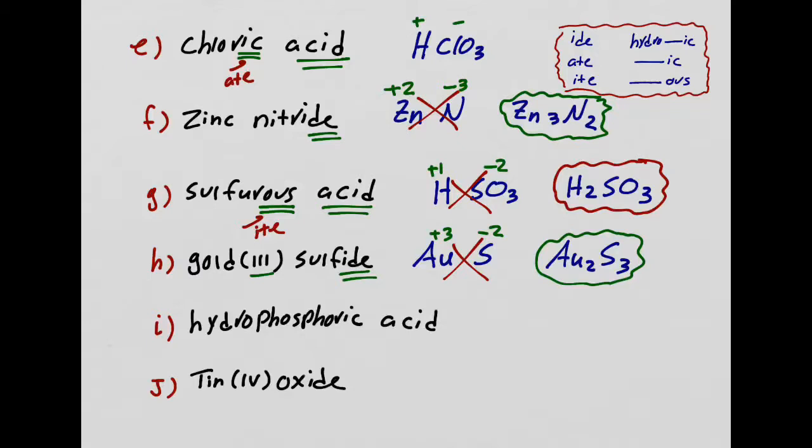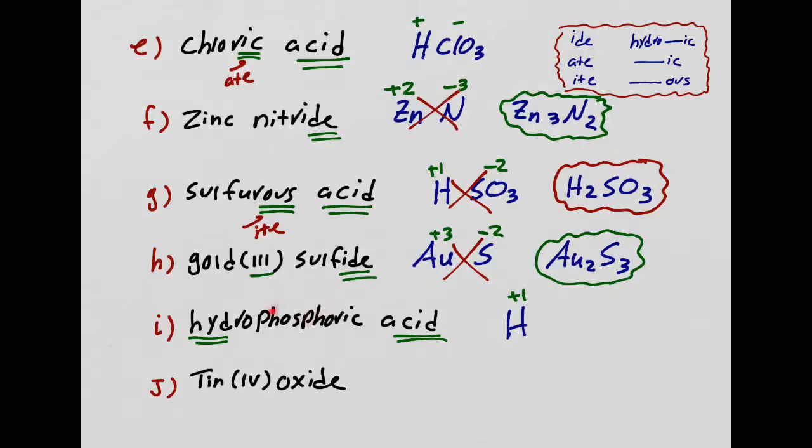Oh, this one is good. Hydrophosphoric acid. Again, if you see the word acid, what's the first thing you're going to write down? You're going to write down hydrogen. And you go, okay, and hydrogen has a +1 charge. This one is hydro. If you have a hydro-ic acid, that means you used to be ide.